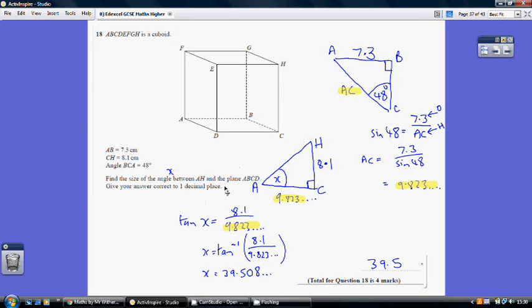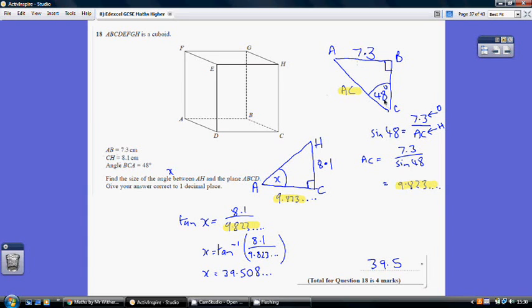And from the other information I've been given, I can see that I can work out AC by concentrating on this triangle from the base, really. So if I think about the triangle A to B to C, the angle ABC is a right angle. It's that corner over there. I've been told that angle BCA equals 48 degrees, and I'm also told that the length AB is 7.3.